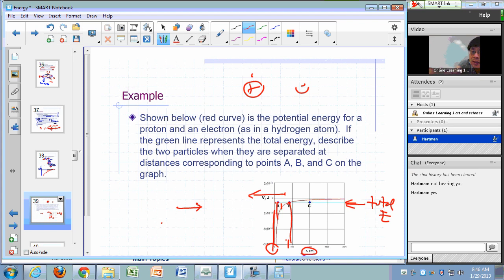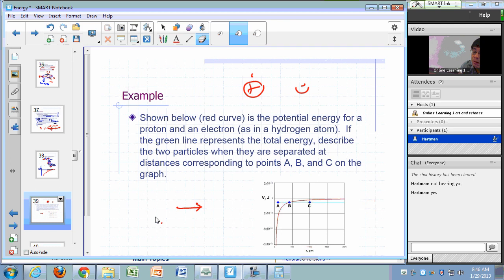So according to this diagram right here, if an electron were to start at point A, move away from the proton, it's eventually going to stop at point B, turn around, crash back into the proton. So, in other words, we say you cannot have the electron go past point B, because what happens if the electron, let's say, was at point B to begin with?